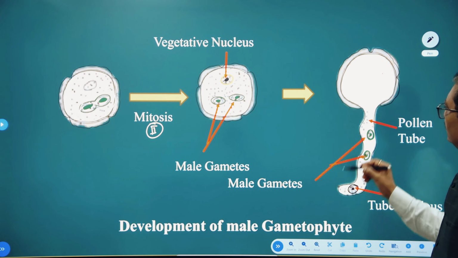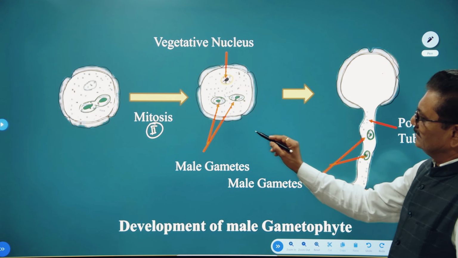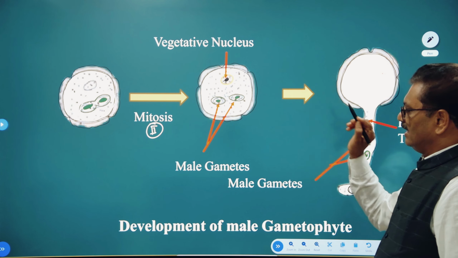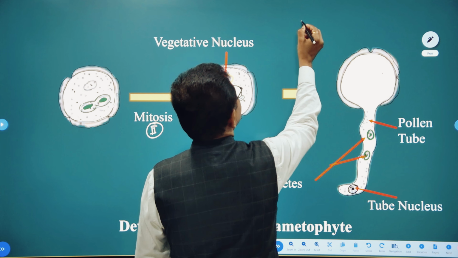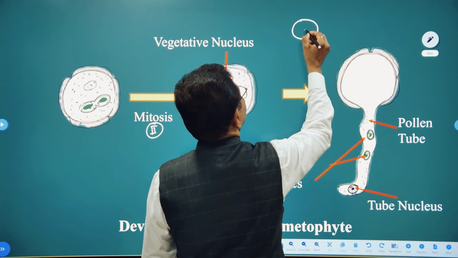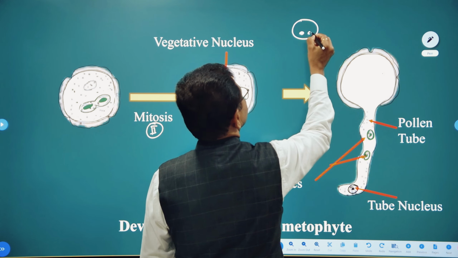Okay. Now at this stage, from the anther, what will happen? The pollen grains will come out. After coming out, what will happen? Now at this stage this pollen grain has two male gametes, correct?